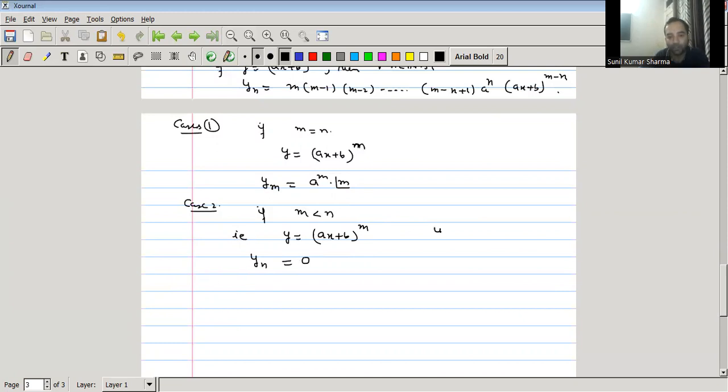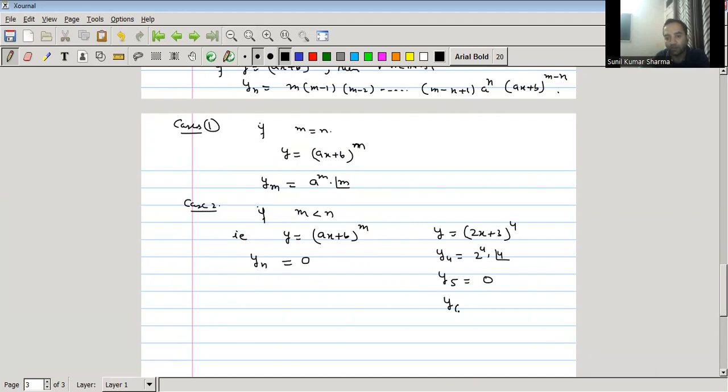You can consider the case y is equal to (2x plus 3) to the power 4. And y4 is 2 to the power 4 into 4 factorial. Now if we have to find y5, what is its value? That is 0, because 2 to the power 4 into 4 factorial is constant, and if we differentiate y4 one more time, y5 equals 0.